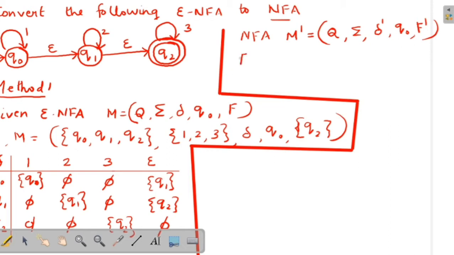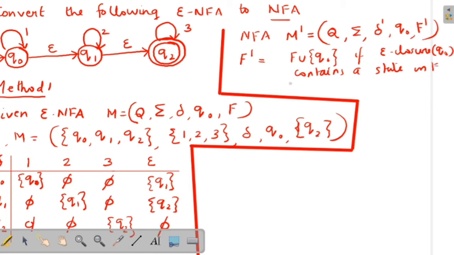So what is F dash? F dash is equal to F union {Q0} if the epsilon closure of Q0 contains a state in F. Otherwise, it is F only. This is the definition of F dash. So what is the epsilon closure of Q0 in the given diagram?